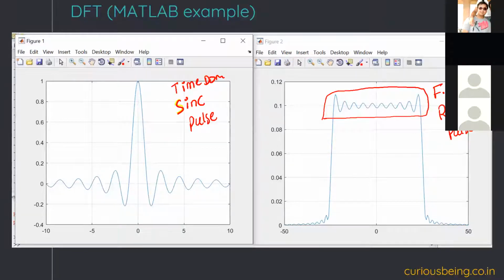I can think of it as the Gibbs phenomenon, at the edges. This edge comes when there is a straight difference in the frequency from high to low.